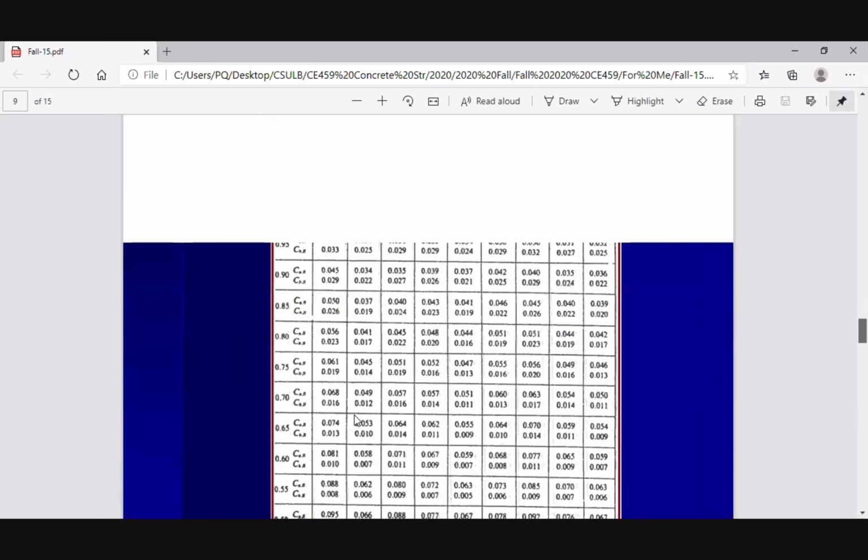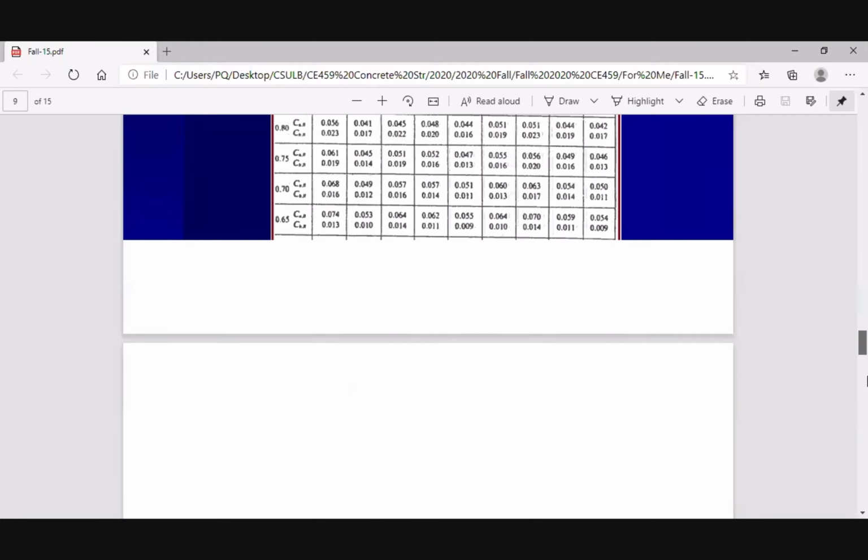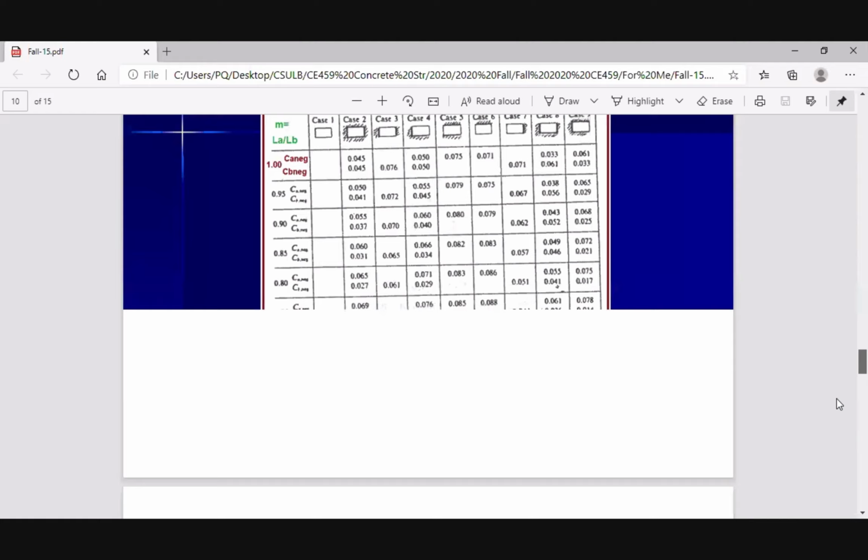Yeah, these two. I read by mistake for 0.85 because I thought why the numbers are not matched. For 0.8 is 0.026, 0.011. Okay, let's go back to the example. C_A dead load 0.026, C_B dead load 0.011.